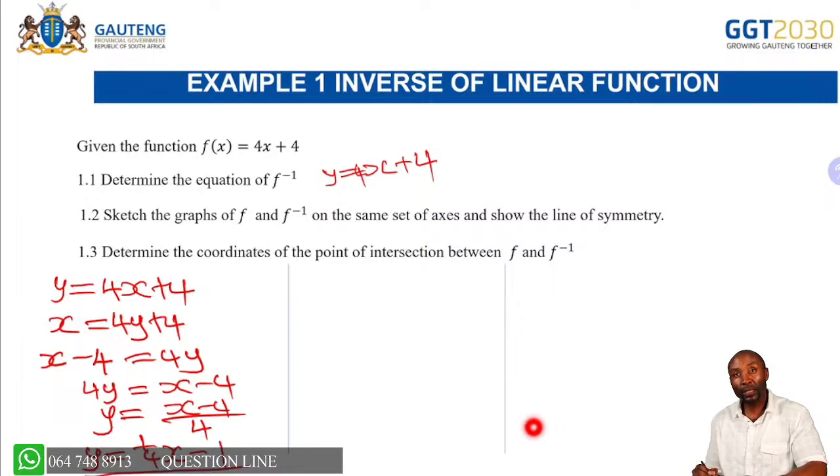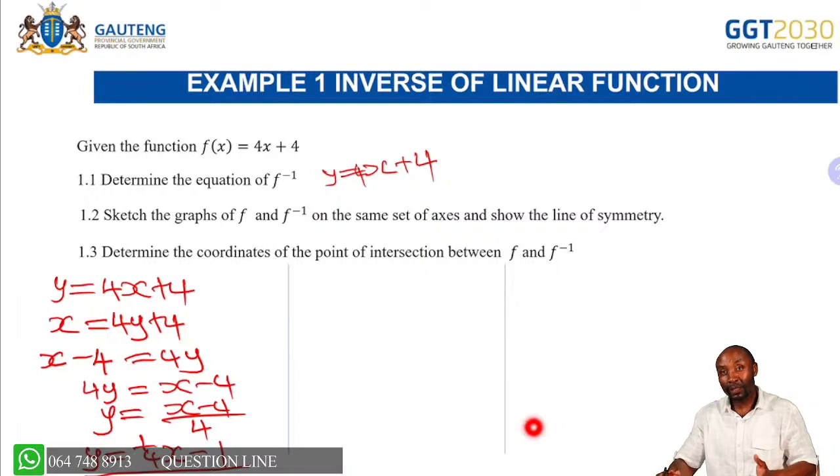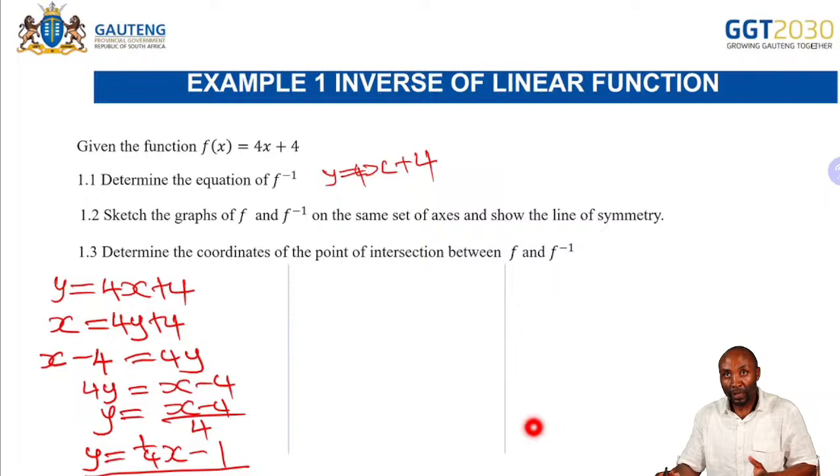That's my equation. Depending on the examiner, this will be 2 marks. Swapping x and y normally has a mark, and making y the subject also gives us the second mark there. We move on.